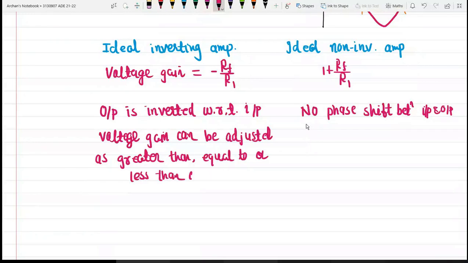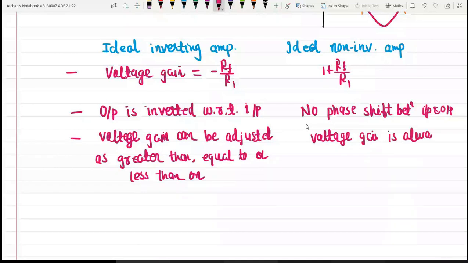But here, in the non-inverting amplifier, the voltage gain will always be greater than 1. So this is the typical comparison between these two configurations.